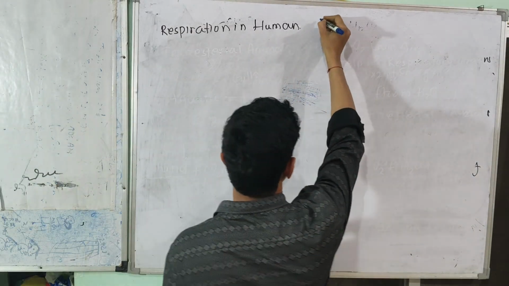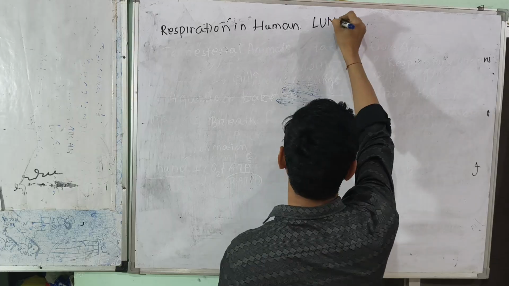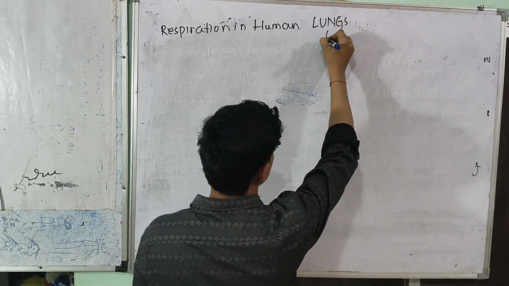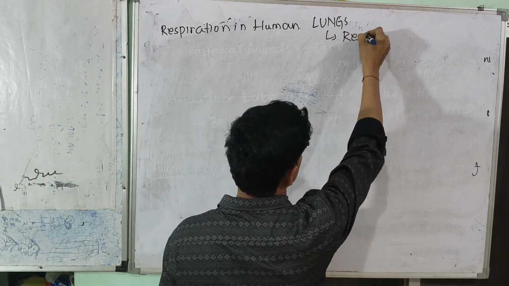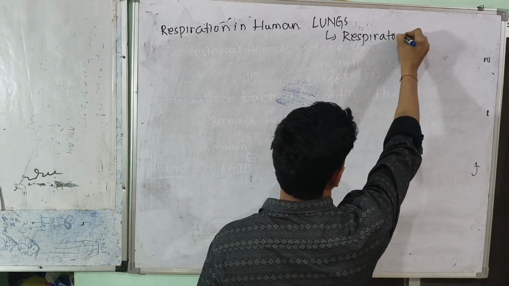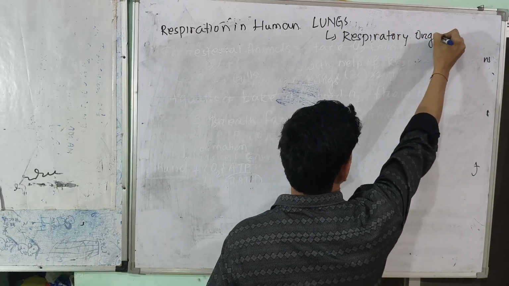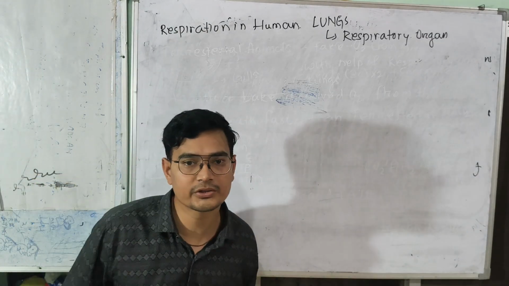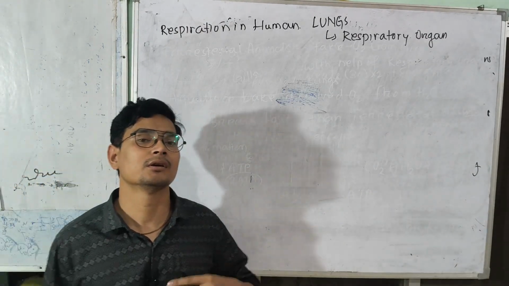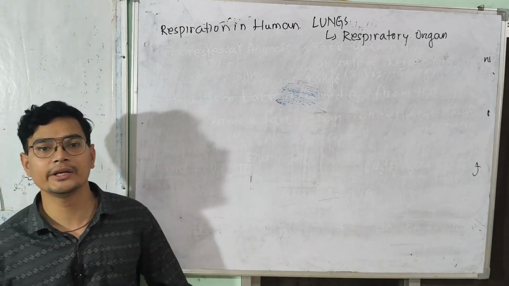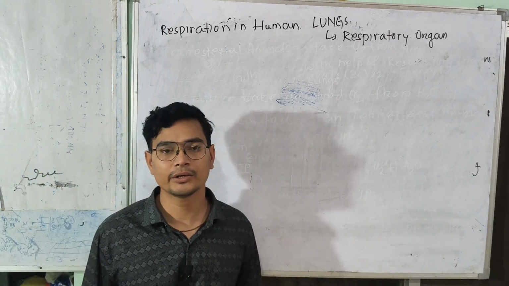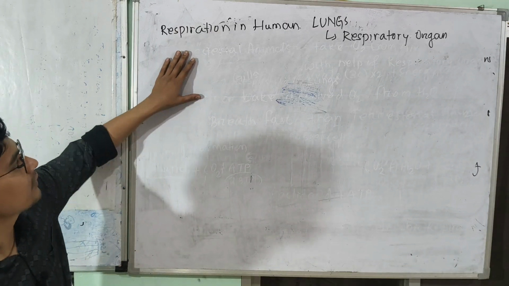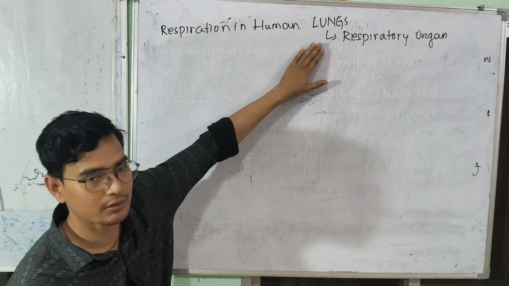Lungs are the respiratory organ, a special organ for special functioning. Heart is the transporting organ, kidney is the excretory organ. And the respiratory organ of human is called lungs.